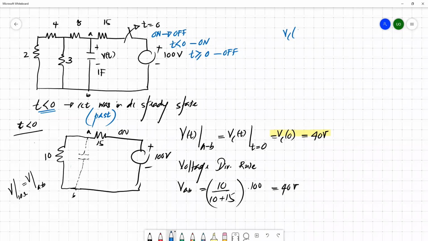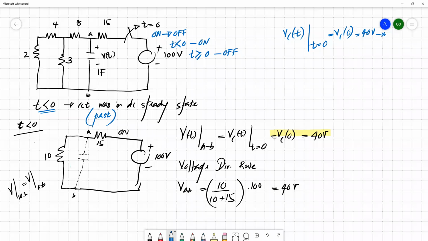We say VC at t equals 0 equals 40 volt. Now this particular circuit doesn't give any information about the initial condition, but with the DC steady state information, we can analyze the circuit and get the value for the initial condition of the capacitor.